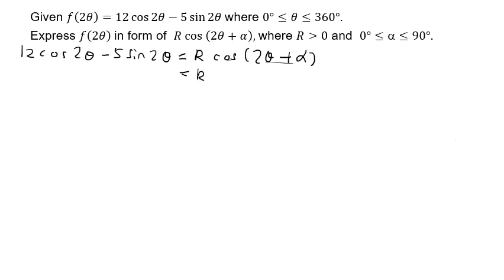So using the expansion of the compound angle, it will be cos 2θ cos α minus, don't forget the sign is opposite, minus sin 2θ sin α. Next, we will equate left and right, and then extract out the equations.